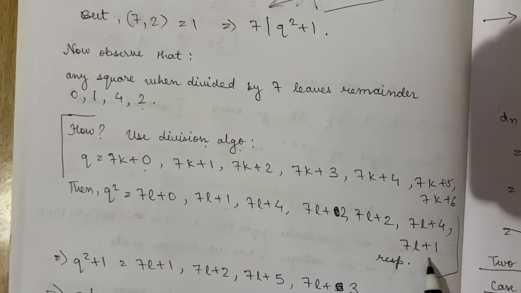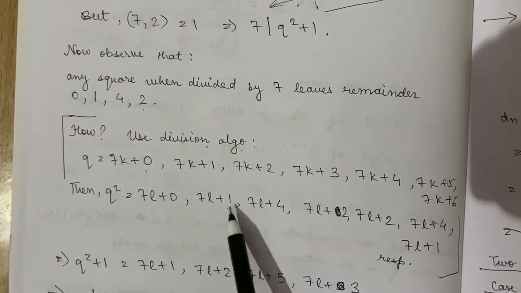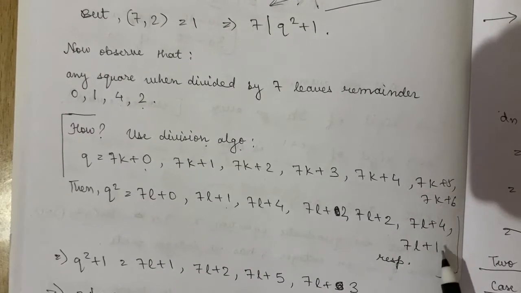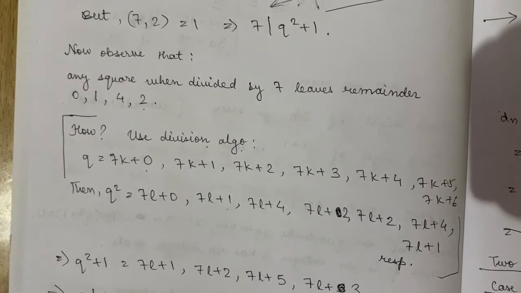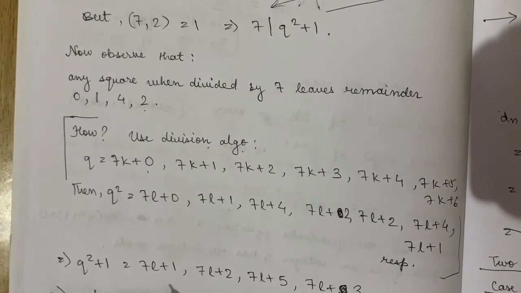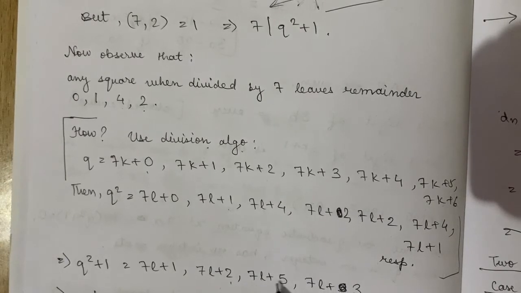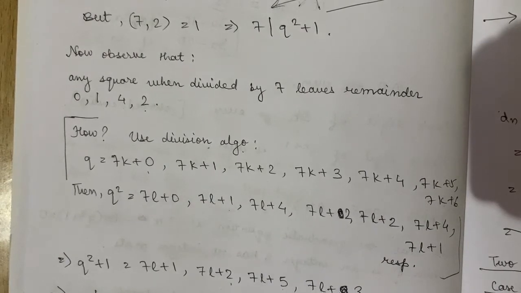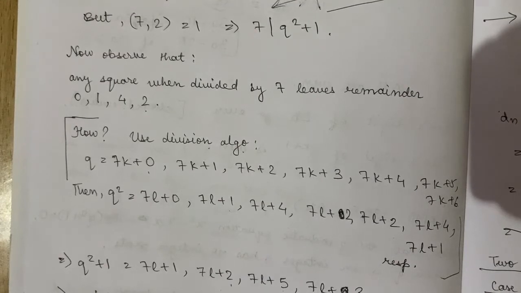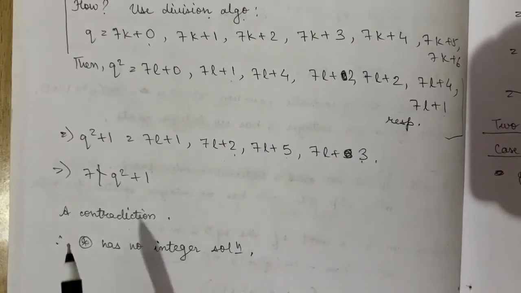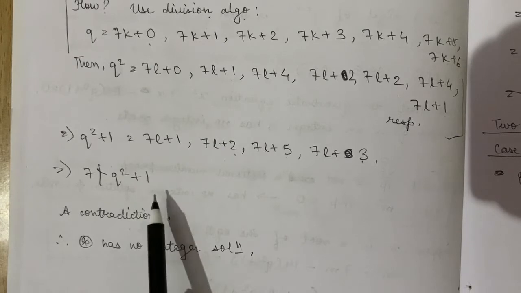The possible remainders are 0, 1, 4, 2, 2, 4, 1 respectively. So q square plus 1 would always be of the form 7l plus 1, 2, 5 or 3. So 7 never divides q square plus 1. 7 does not divide q square plus 1.